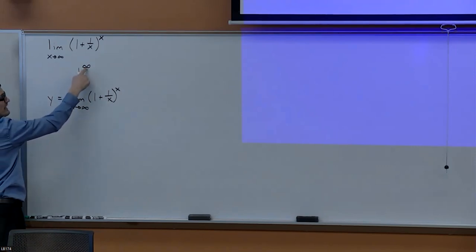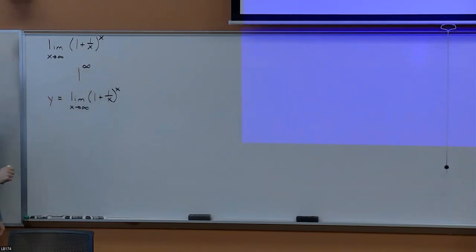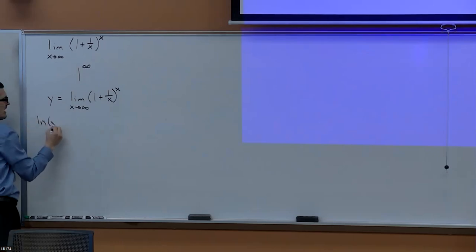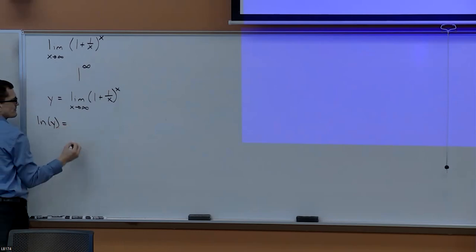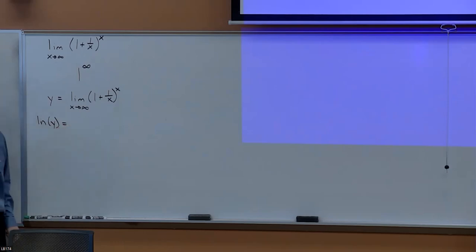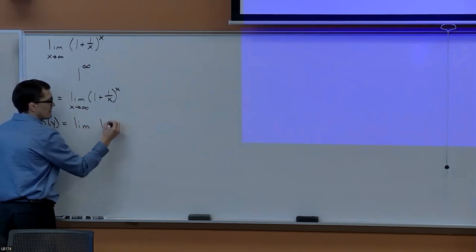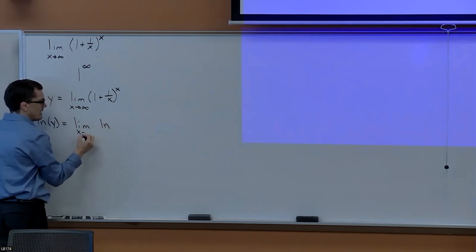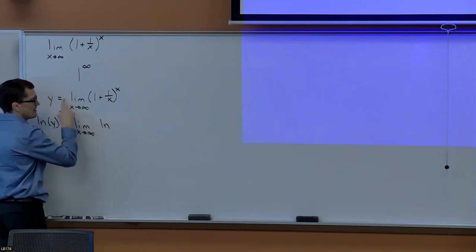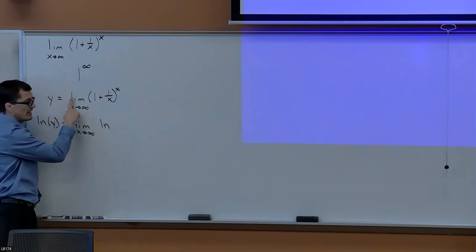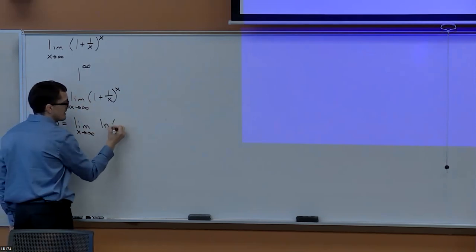You have this weird infinity in your exponent. The way you get rid of an exponent is you apply a natural log. So we apply a natural log to both sides. One of the nice things about natural logs is that the natural log of the limit is the same thing as the limit of the natural log. So if I apply natural log on the outside, I can take that natural log into the inside.